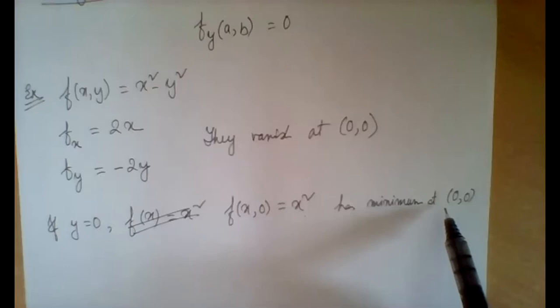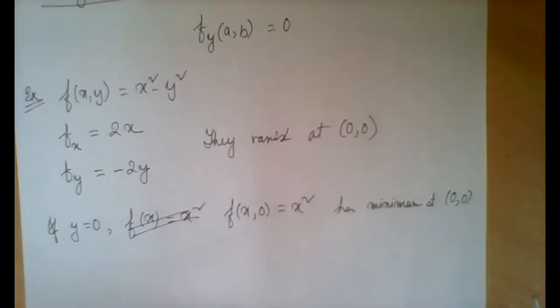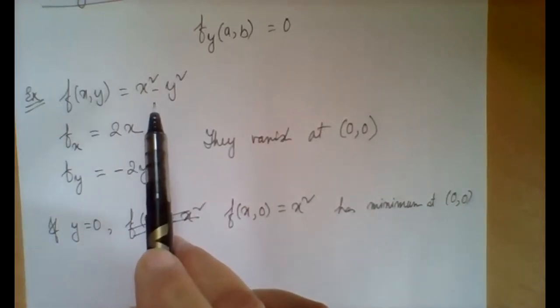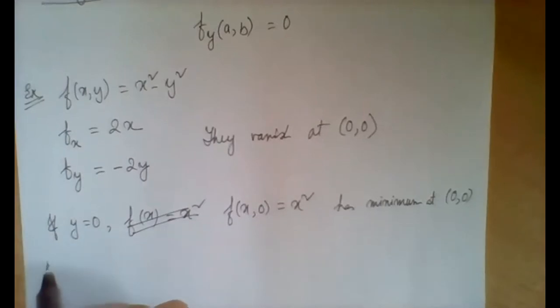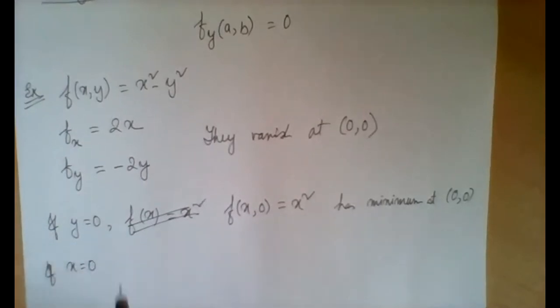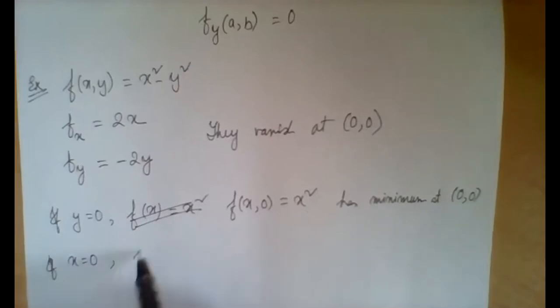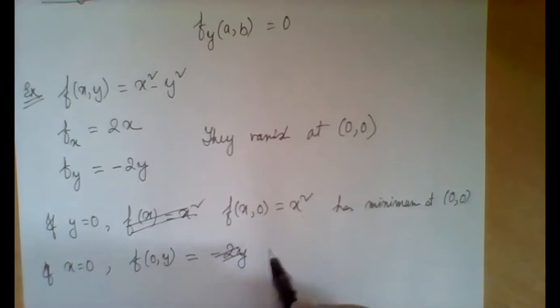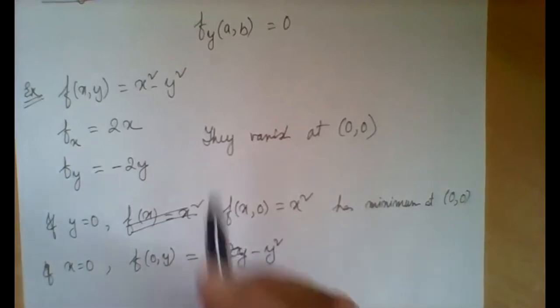Now, let us consider this function as a function of only y. So second case, if x equal to 0, this becomes minus y square.